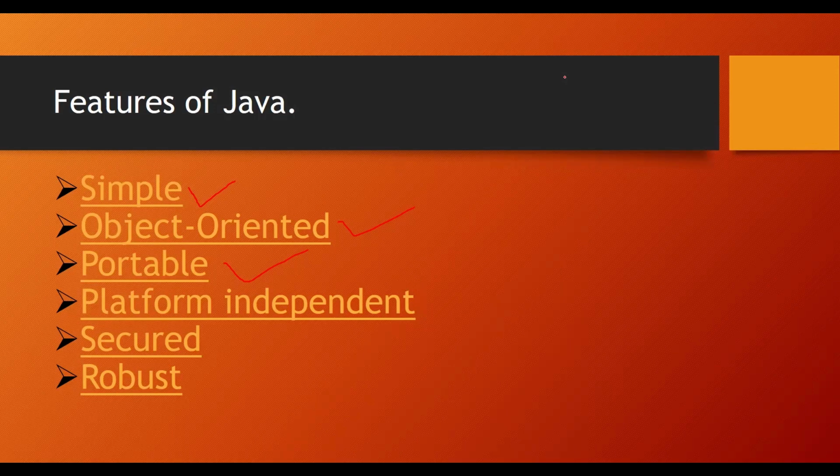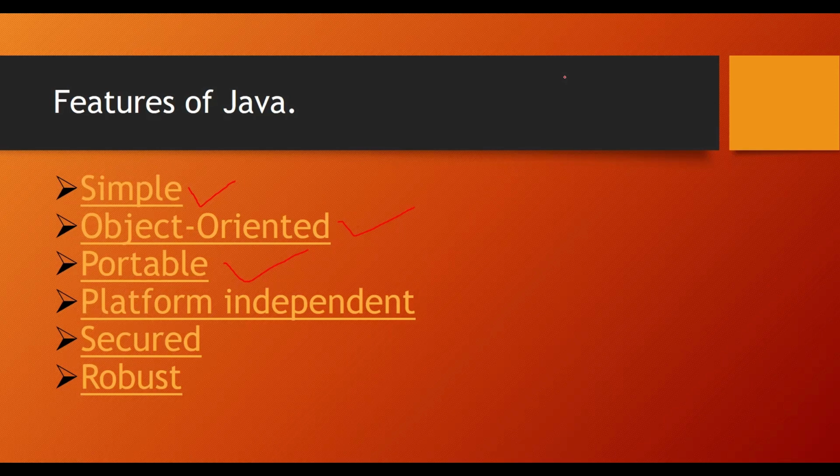Java code can be executed on multiple platforms, for example, Windows, Linux, Sun Solaris, Mac OS, etc. Java code is compiled by the compiler and converted into bytecode, and the same bytecode we can run on any platform.